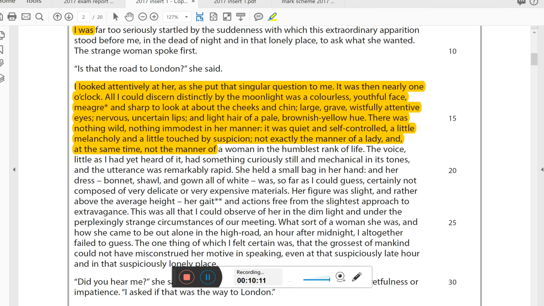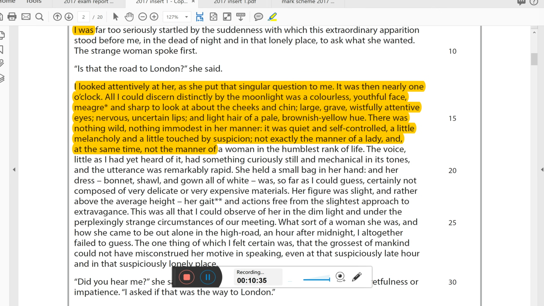So he can't really work that out. Is she dead or alive? Is she upper class or middle class or working class? Any of those kind of things. He's really confused. You can pick out words that show there's an air of mystery, for example, perplexingly shows that he's confused.